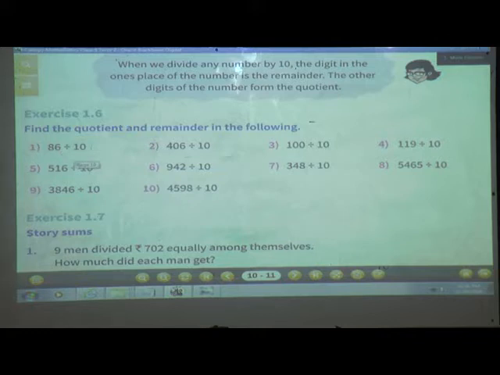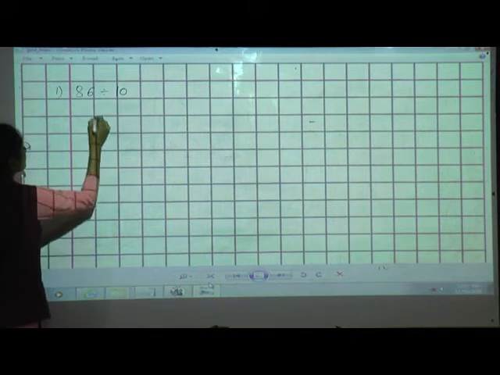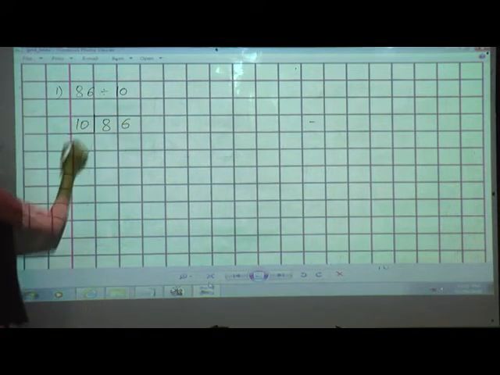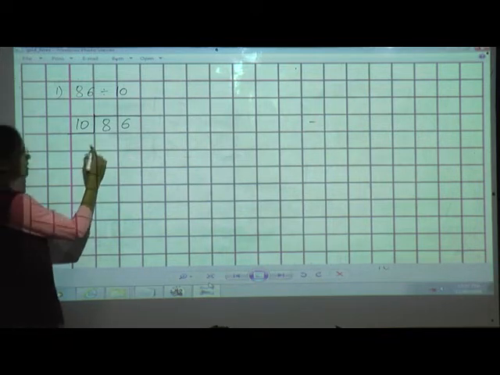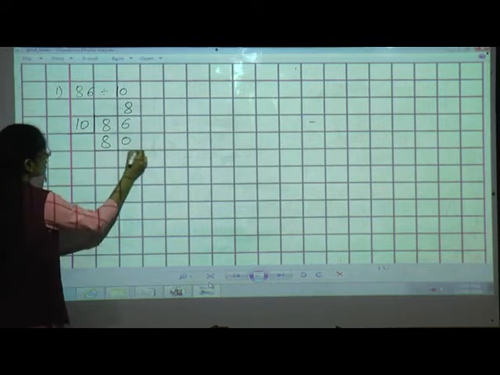And the quotient we will get is 8 tens, that is 80. So let us solve this example. 86 divided by 10. Now in the table of 10, 86 is not there, so we will find the smaller number than 86. 10 8s are 80.